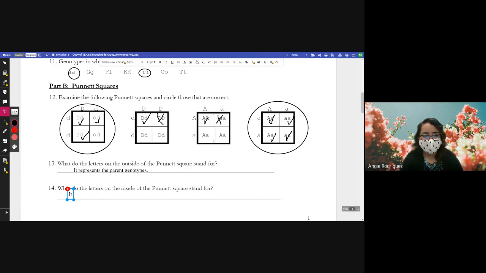So we can put here, it represents the kids or offspring genotype. And I put genotype because look, they're representing them in letters. They're not putting like boy or girl, obviously, right? So that's why I put the word genotype, because they're representing them in letters. Okay. Oops. There we go.